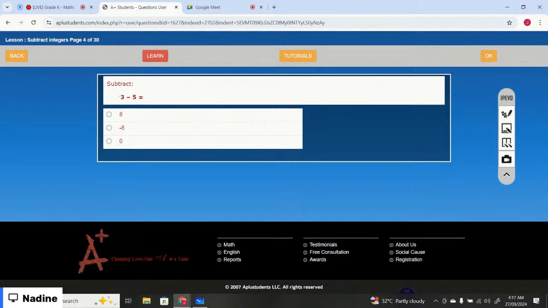Negative 3 minus 5, which is the correct option? Negative 3 minus 5 is negative 8. Option number 2 is the correct option, right?